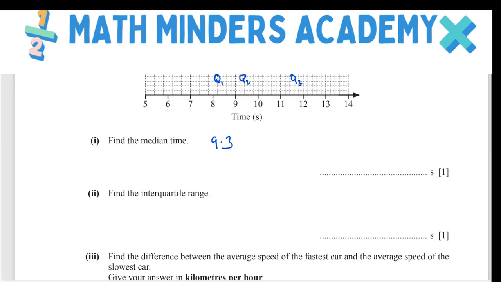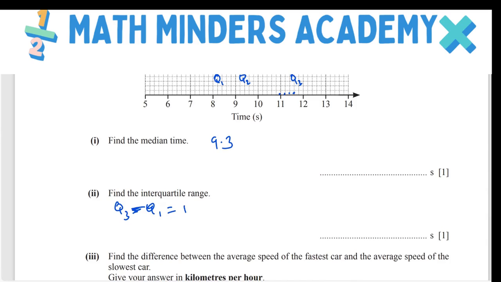We want to find the interquartile range. Interquartile range is actually the upper quartile minus the lower quartile. Okay. So that's Q3 minus Q1. So let's look at what Q3 is. If you look at Q3 here, this is 11, 11.2, 11.4, 11.6.